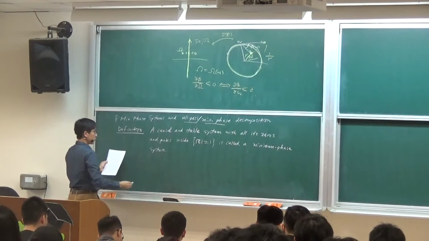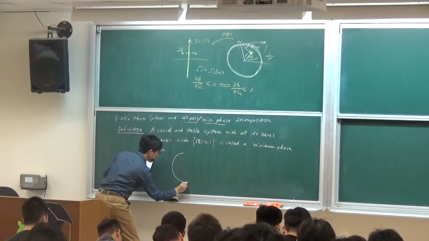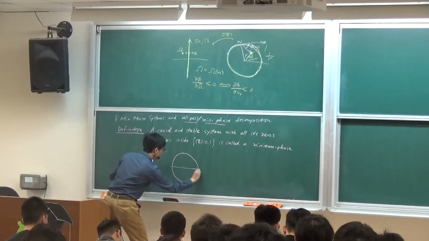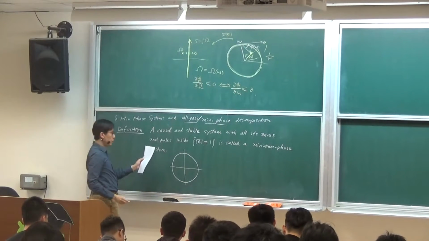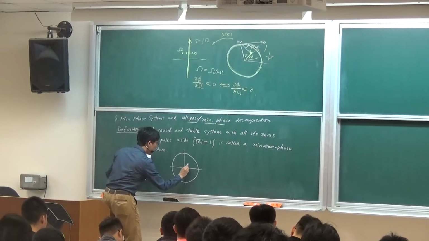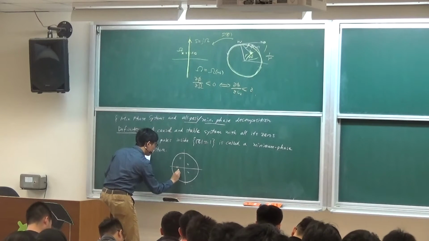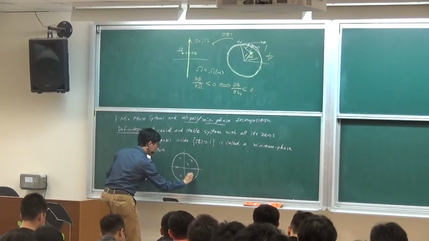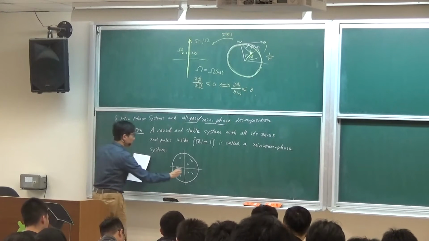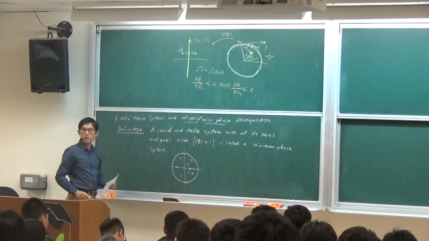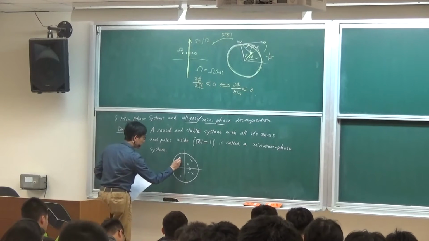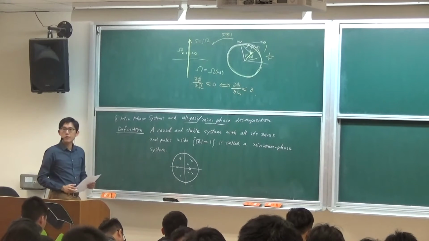Here, let's again draw a picture. We draw the unit circle, and if a system has all the zeros and poles inside the unit circle, not only the poles but also the zeros, then this system is called a minimum phase system.